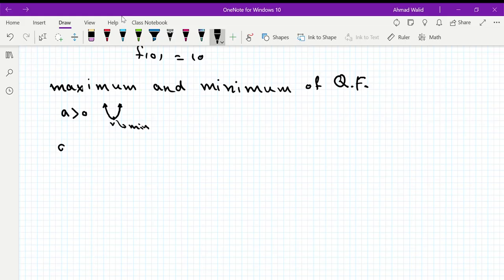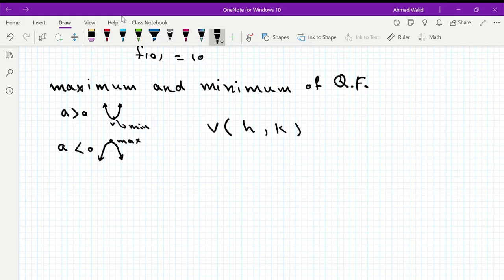And also, if a is less than 0, the graph opens downward, correct? And this point, the vertex, is the highest point in your function, and we call that the maximum point. Now, when you talk about vertex, it's always h and k, correct?